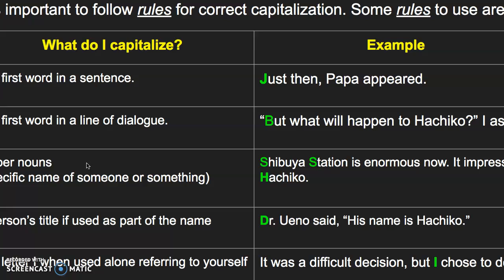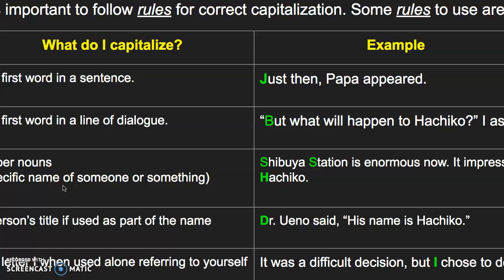Another time when I should capitalize is proper nouns. Some of you might be asking yourselves, what is a proper noun? A proper noun is a specific name of someone or something. So instead of saying a boy or a girl, you would say their name, like Juan or Justin or Elvis. Or if it's a place, instead of saying the mountain, you would say Mount Olympus.